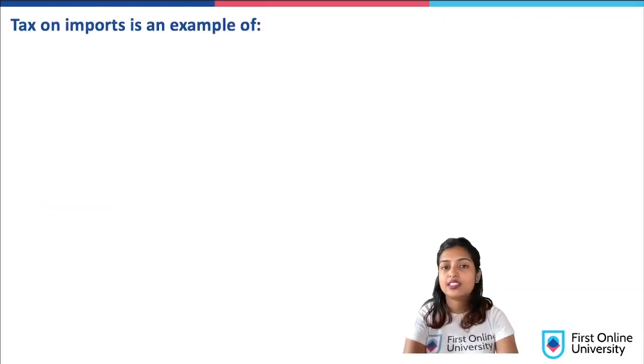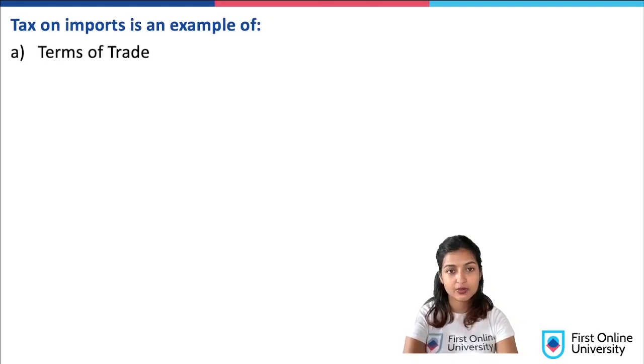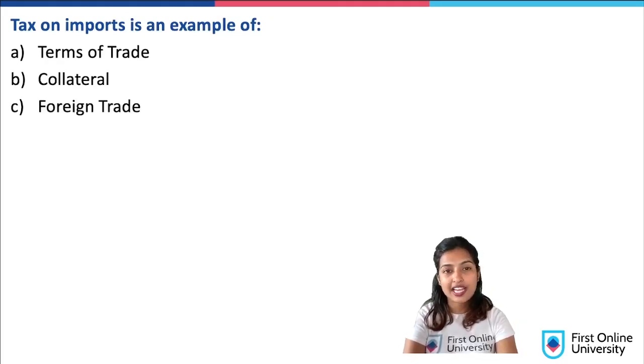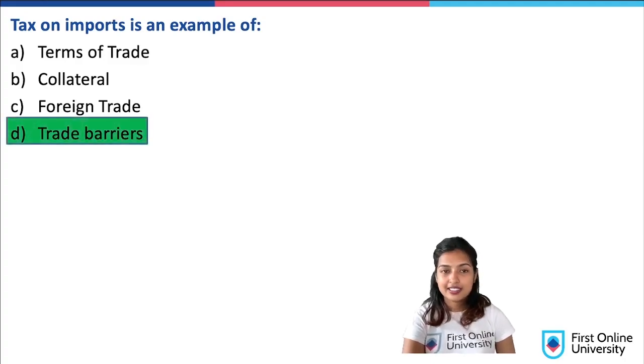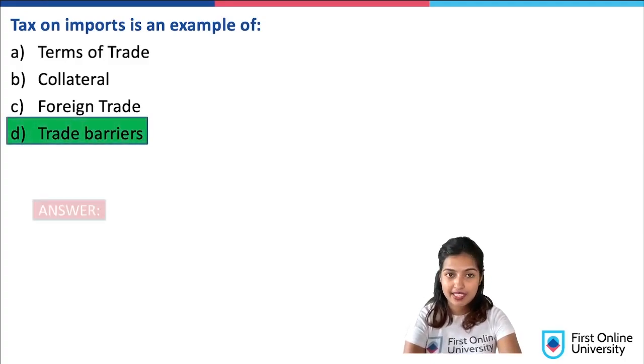Tax on imports is an example of A, terms of trade, B, collateral, C, foreign trade, D, trade barriers. The answer is D, trade barriers.